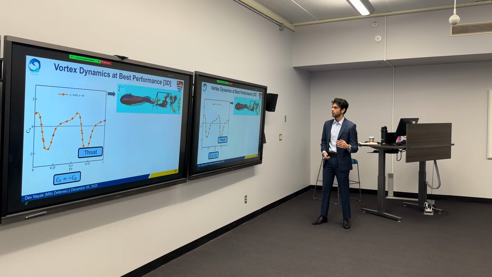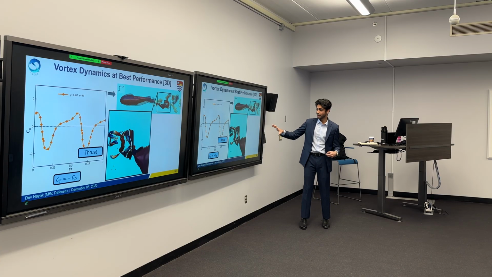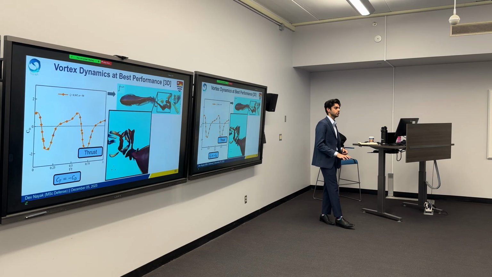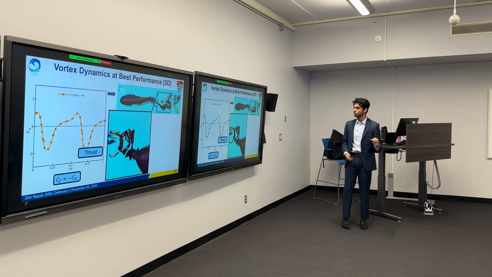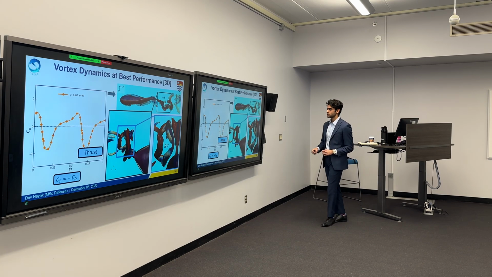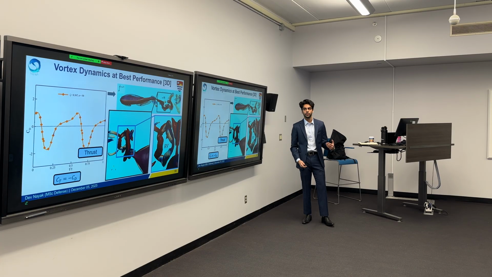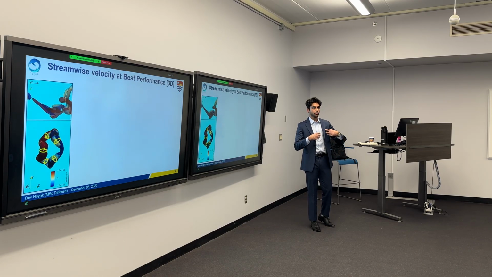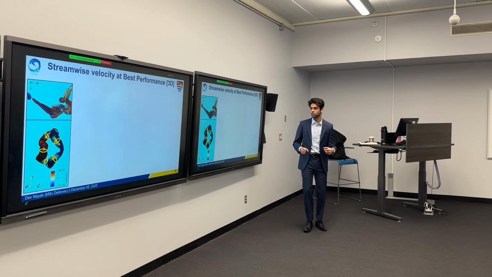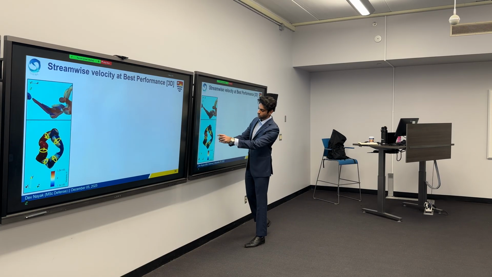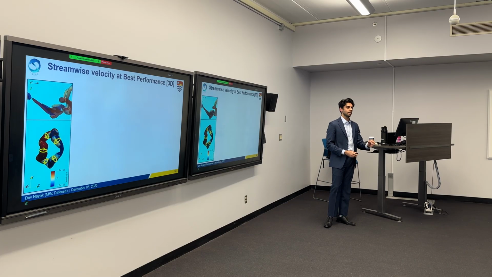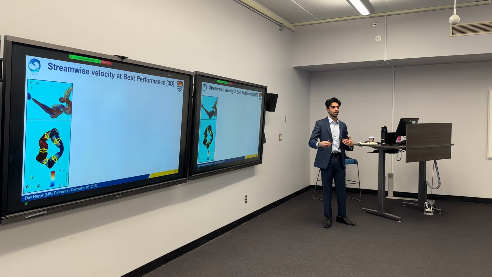So when we look at the vortices in an isometric view, we can see that in every half oscillation cycle, there is one ring vortex that is being shed. Now this ring vortex, when we investigate further, basically rotates inwards. When it rotates inwards, it creates a jet-like effect that contributes towards thrust.